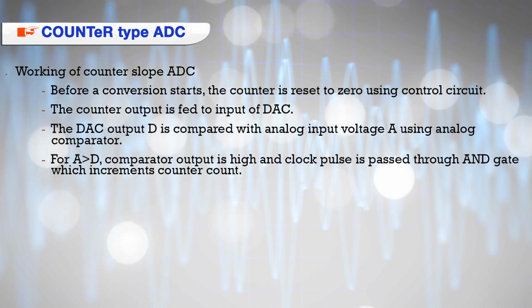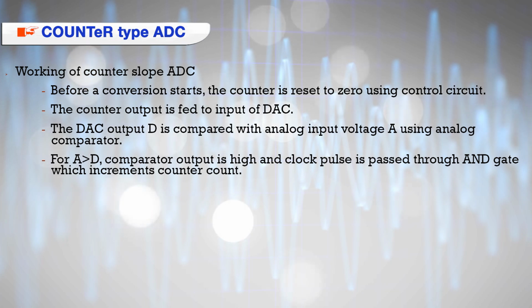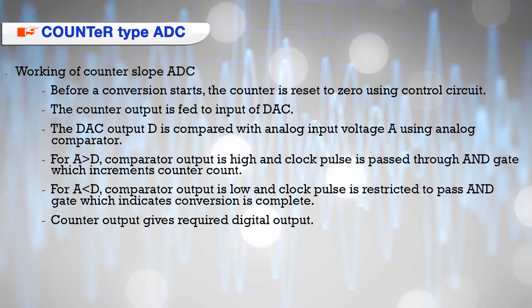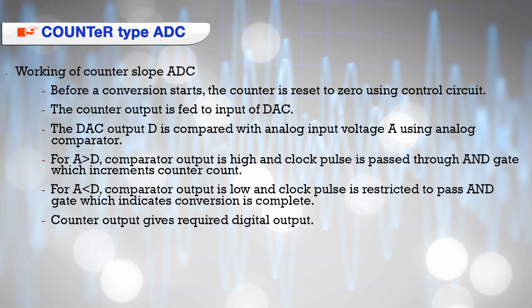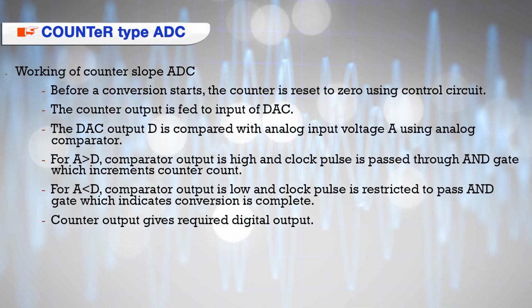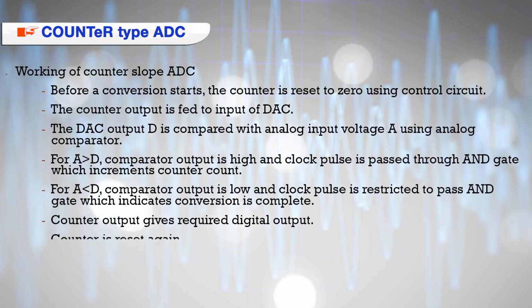So clock pulse will pass through the AND gate and the counter will count 0 0 1. Now DA converter will increase output by one step and that voltage will be compared with the analog input voltage. If V in is still larger, then the counter will count by 1 and it will become 0 1 0.